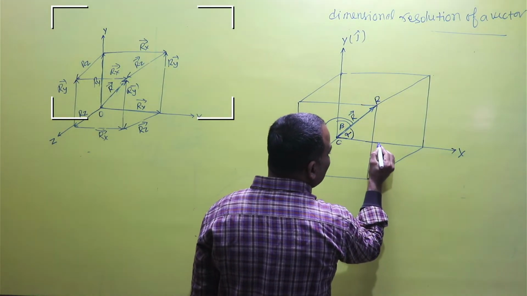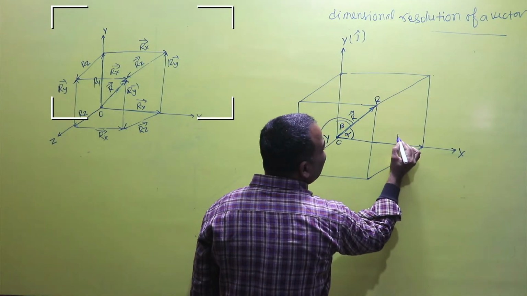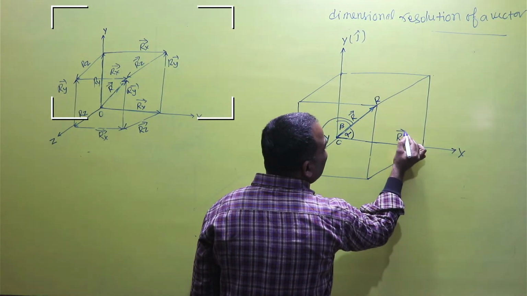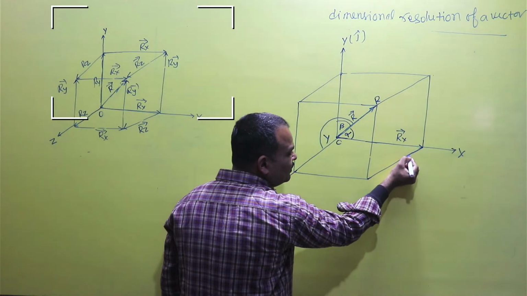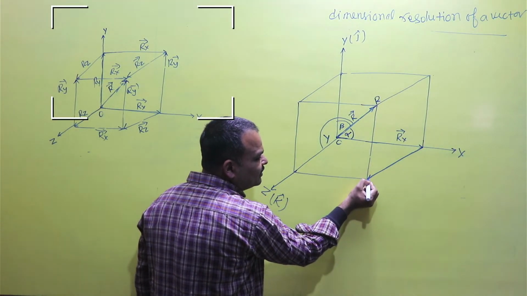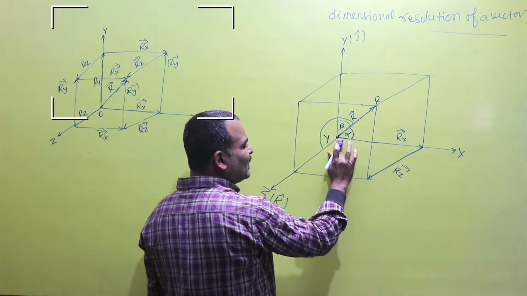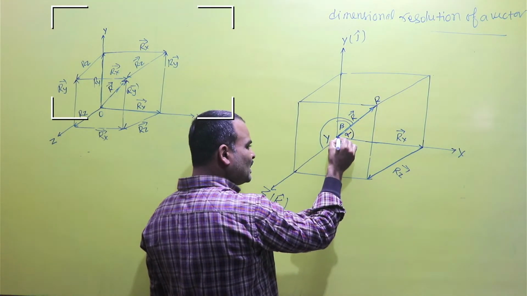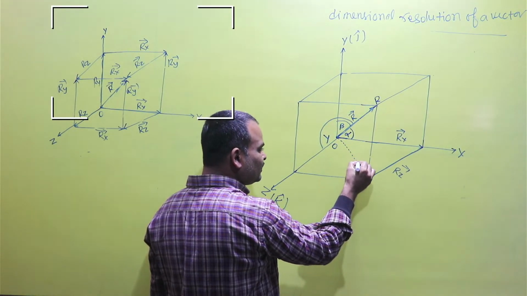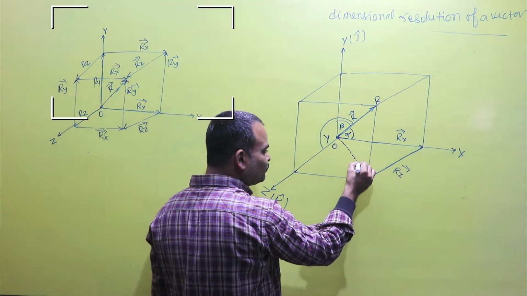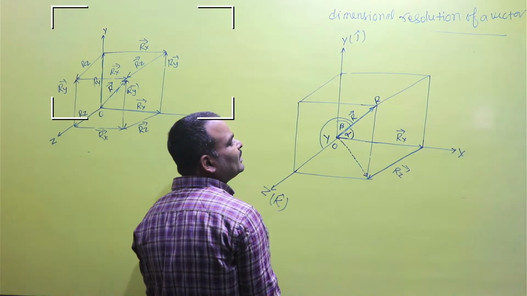So we see that the vector is Rx, and the vector along this direction is rz. And the straight line joining is resultant.